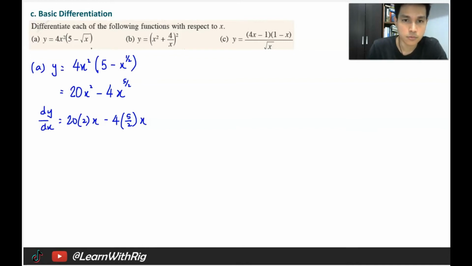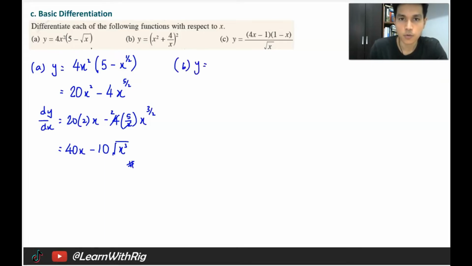Yeah, 3 over 2. So you simplify this, you get 40x minus, here you can simplify 2, so you get 10, x power 3 over 2, so it's square root x cubed. So this is your answer.